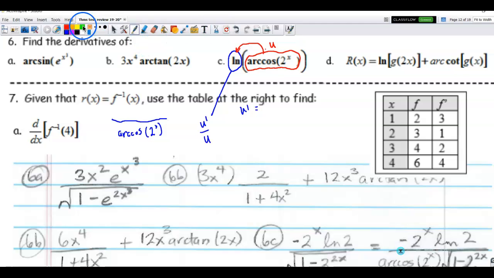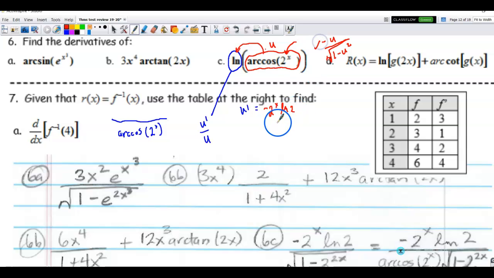Now for u prime, the derivative of arc cosine is negative u prime over the square root of 1 minus u squared. But I have an inside function of 2 to the x, so I have to do the u prime in red. So that's going to be the derivative of 2 to the x. It's an exponential, so it's 2 to the x, ln of the base, times the derivative of the power, and the derivative of the power is 1. So that's my negative.